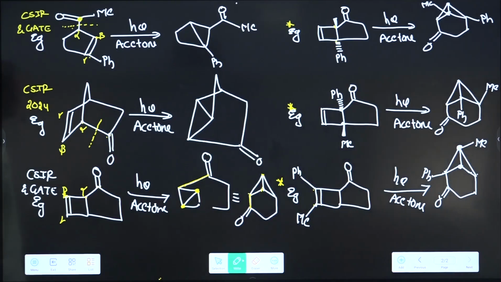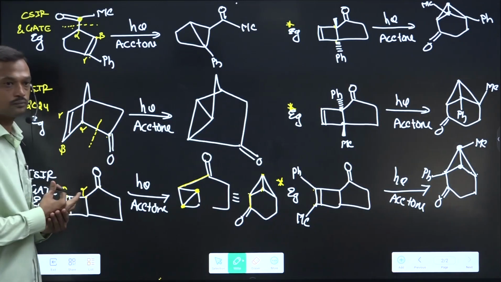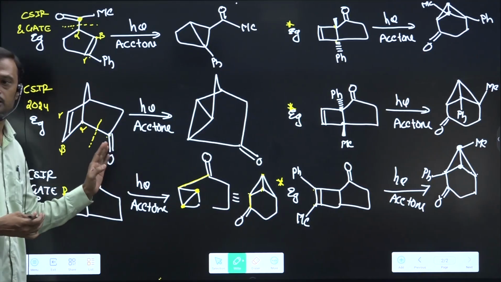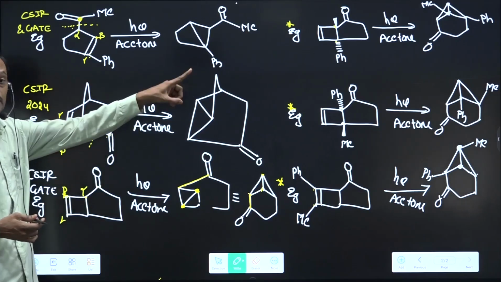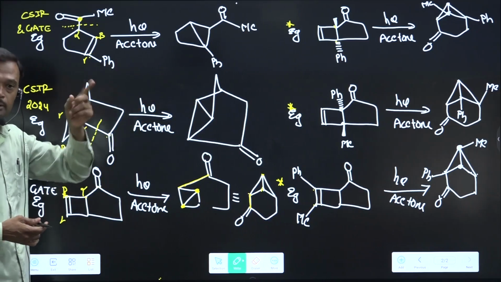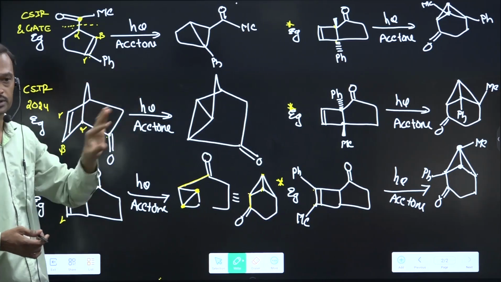So that is the end of oxa-di-pi-methane rearrangement. Today in class we discussed diene photochemistry, then di-pi-methane photochemistry, then oxa-di-pi-methane photochemistry. Oxa-di-pi and 1,3-butadiene are most important, and di-pi-methane is also important only for interconversion.